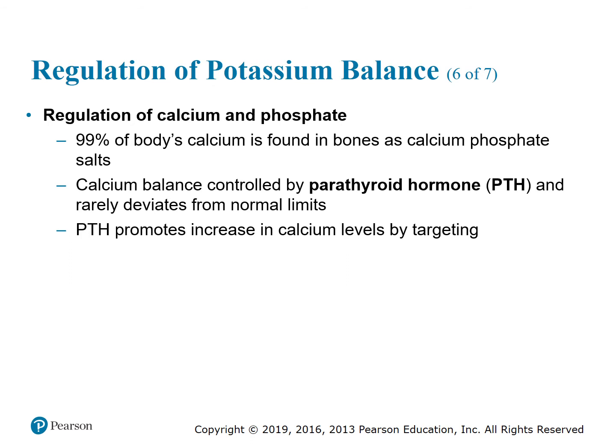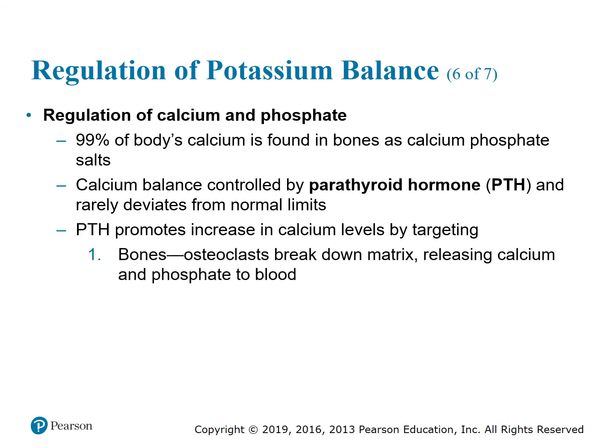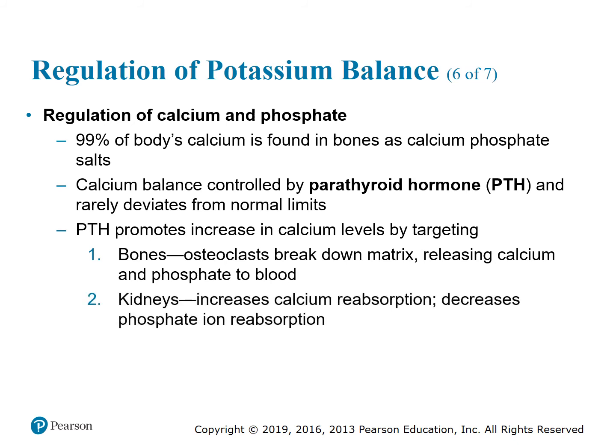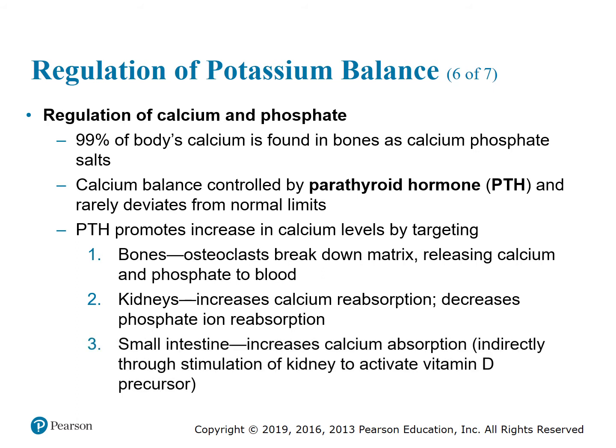So parathyroid hormone will promote an increase in calcium levels by targeting bones, and the cells specifically that it targets are osteoclasts, which break down bone matrix and release calcium and phosphate to the blood. It will cause the kidneys to increase their calcium reabsorption and decrease phosphate ion reabsorption. And in the small intestine, it will increase calcium absorption, but it does it indirectly because it stimulates the kidney to activate the vitamin D precursor that's present in your bloodstream.